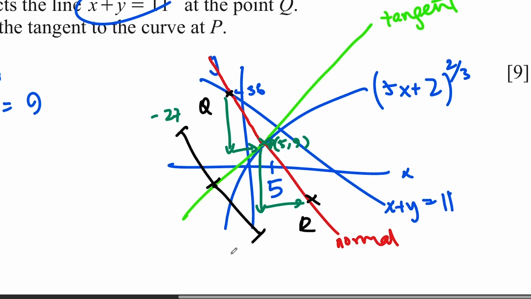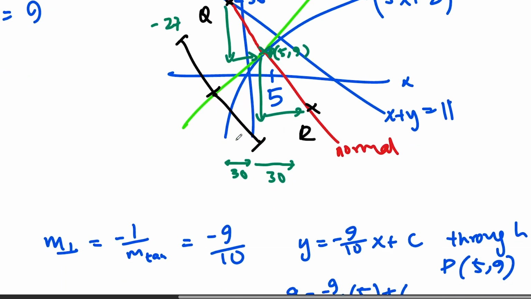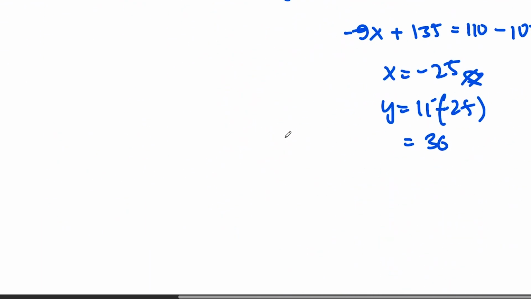How many units to the right? That will be 30 units to the right. So all we need to do is add 30 to the x coordinate and take away 27 from the y coordinate.